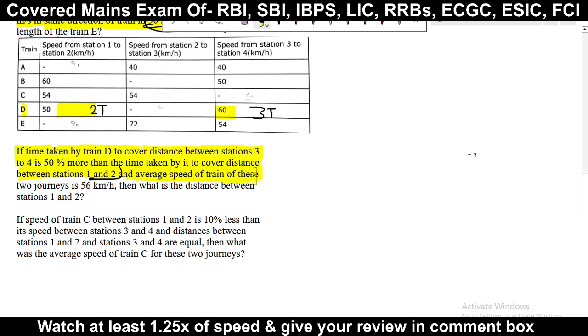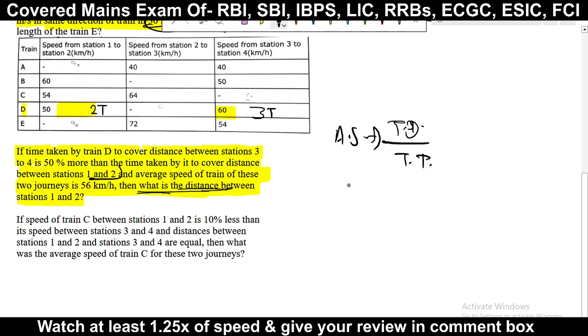Now read the question again. The average speed of the train over these two journeys is 56. Then what is the distance between station 1 and 2? So the average speed is also given to us. You may know that average speed equals total distance upon total time.